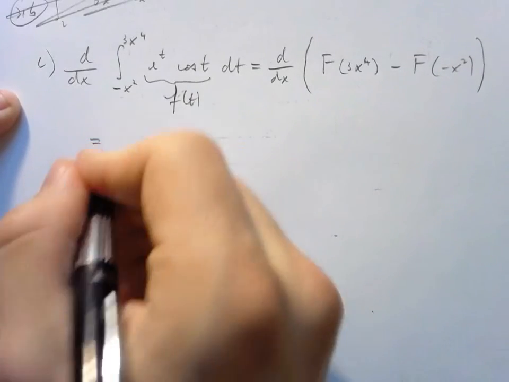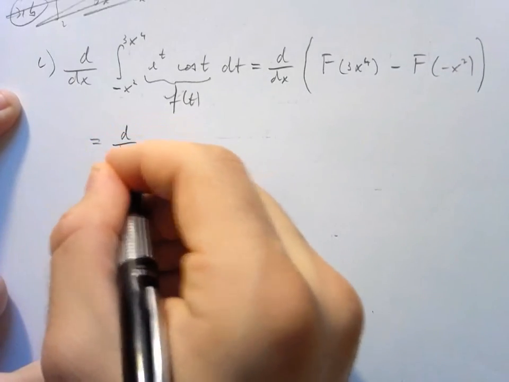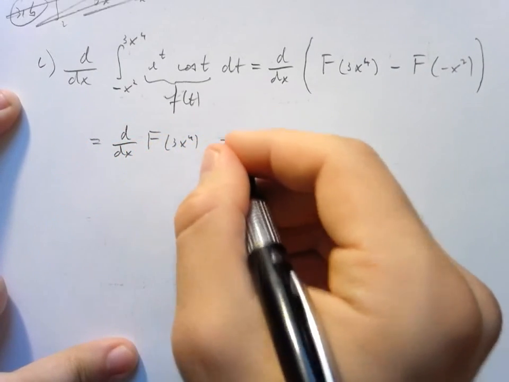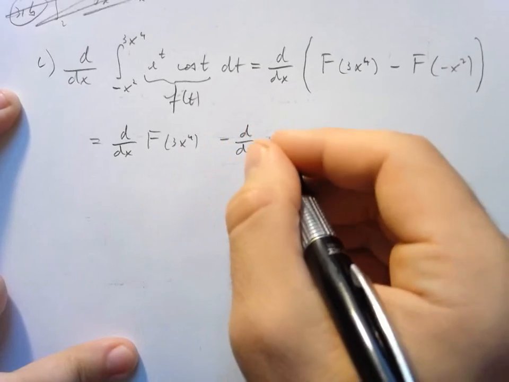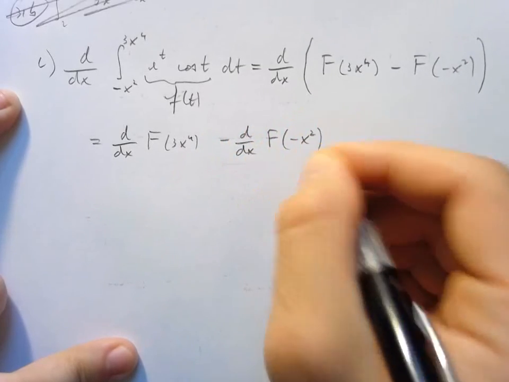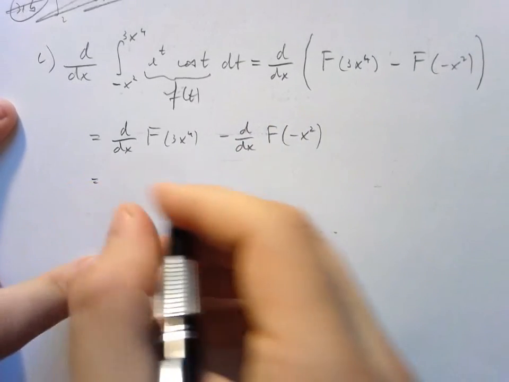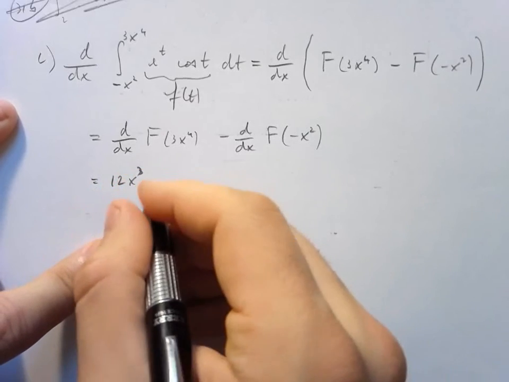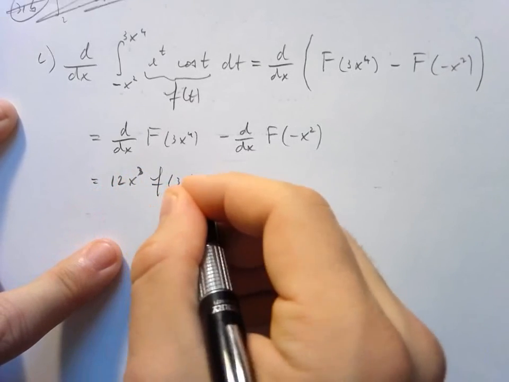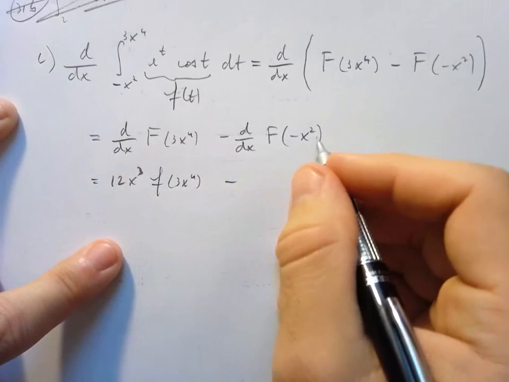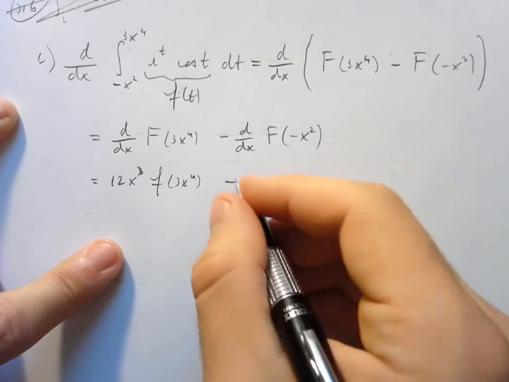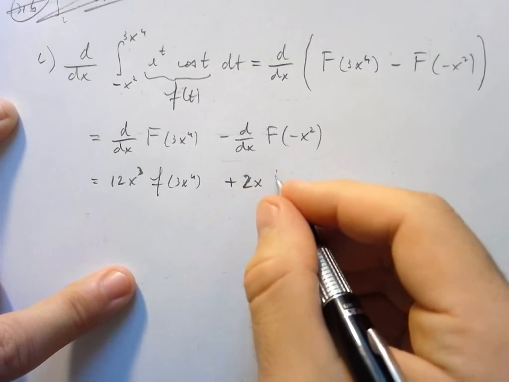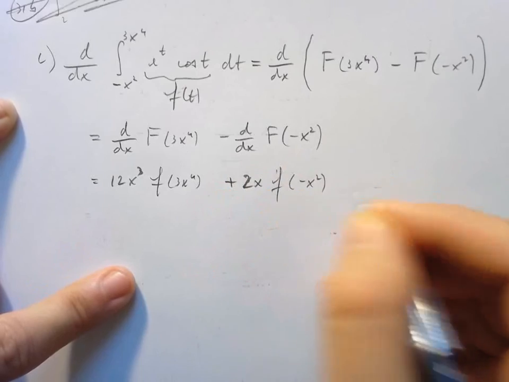So this should be d dx capital F of 3x to the fourth minus d dx capital F of negative x squared. And when I take the derivative, this gives me 12x cubed from chain rule times little f of 3x to the fourth minus negative 2x, so becomes plus 2x little f of negative x squared.